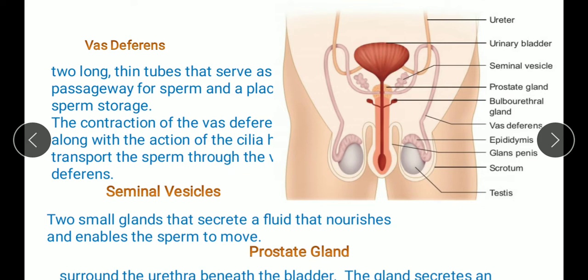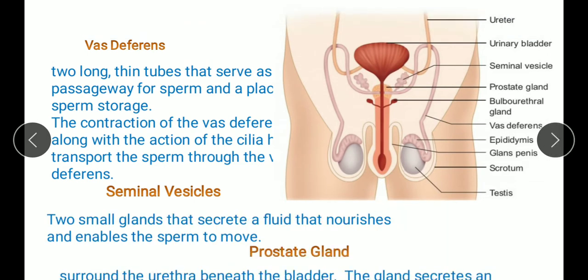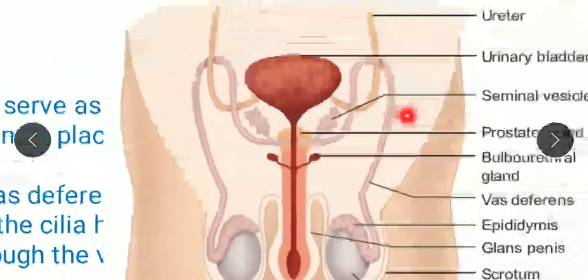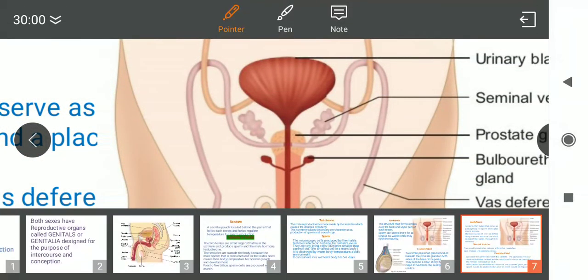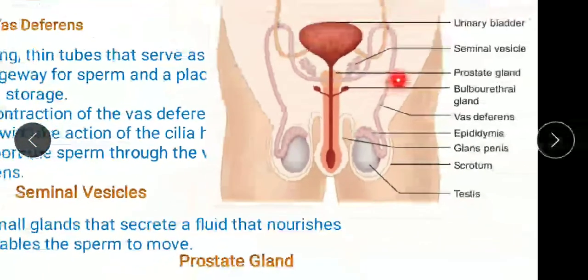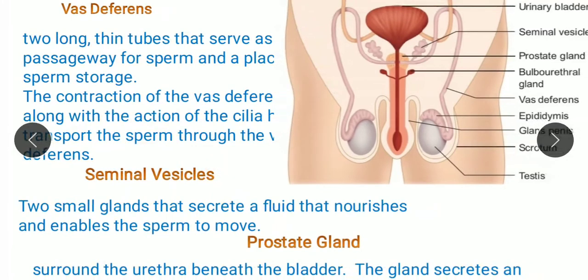This is the bladder, and this region contains the seminal vesicles. They secrete a fluid that helps the movement and nourishment of the sperm.